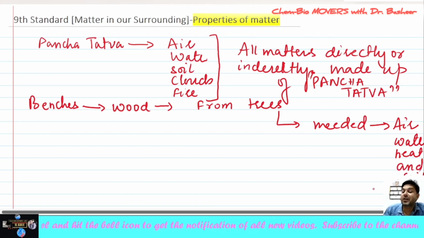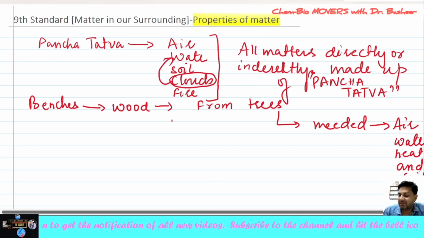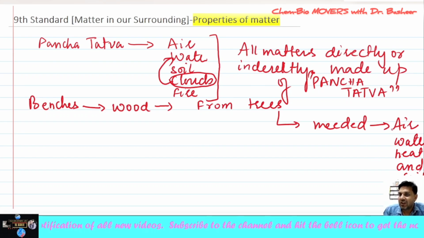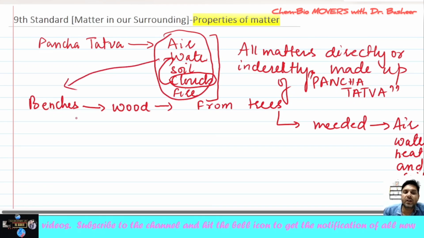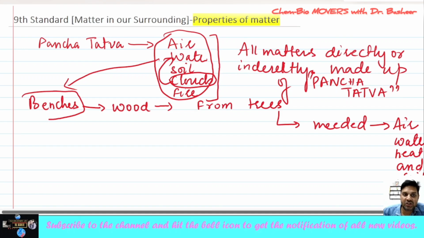Now you're thinking about the clouds. From clouds only water comes, so the water and the clouds are interrelated. So we can say all five are needed for one matter called bench.